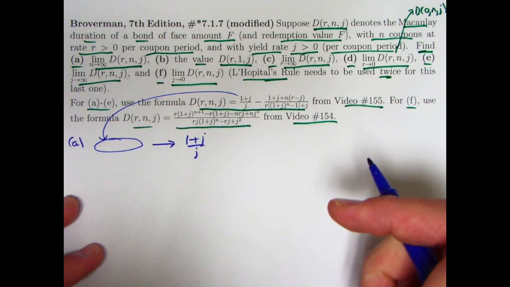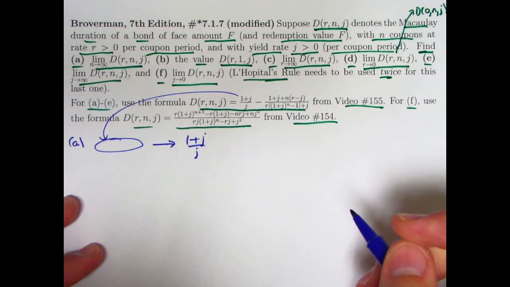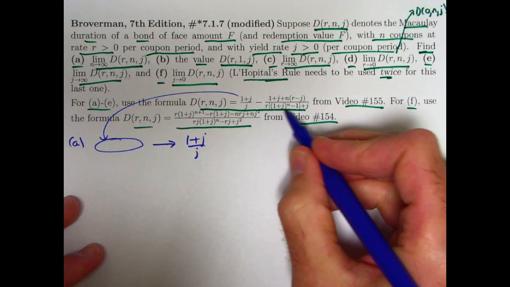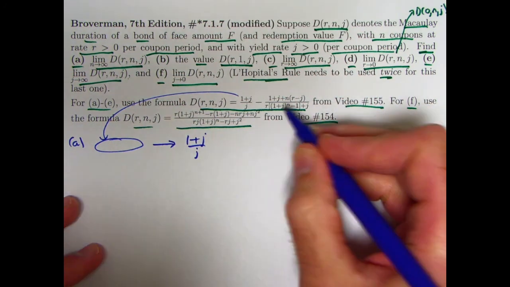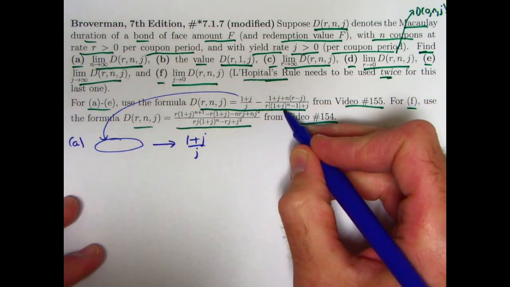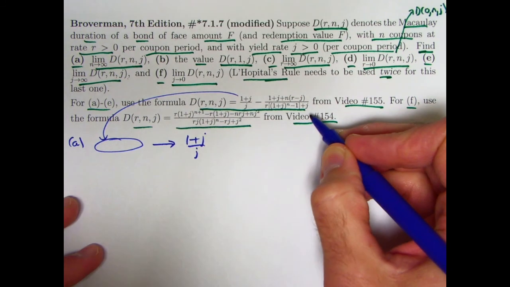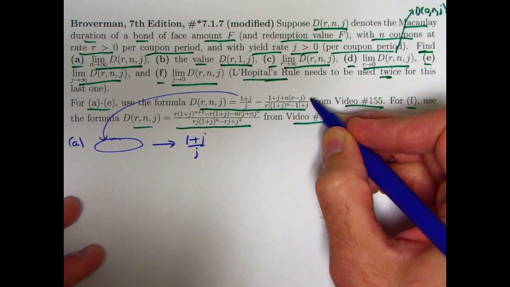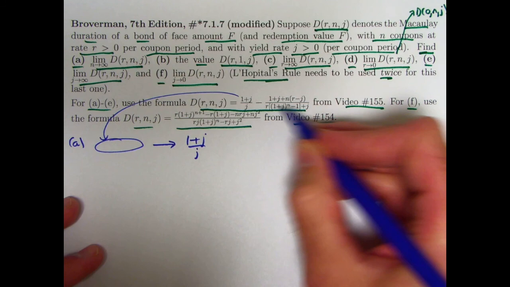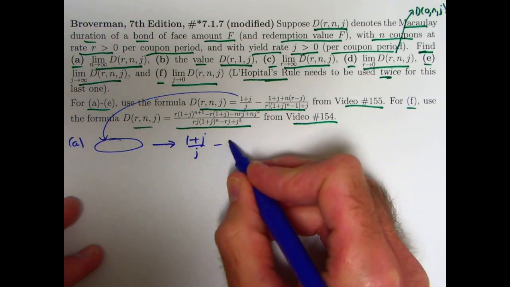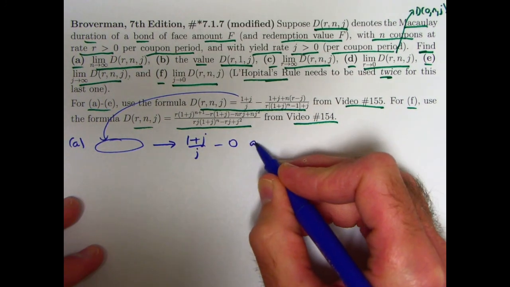I don't think I want to do that. I'm going to save L'Hopital's rule for part F. This is an exponential growth function in the bottom because j is positive, so 1 plus j is bigger than 1. Definitely goes to infinity much faster than a linear function of n does. Definitely, this whole fraction approaches 0 as n goes to infinity.